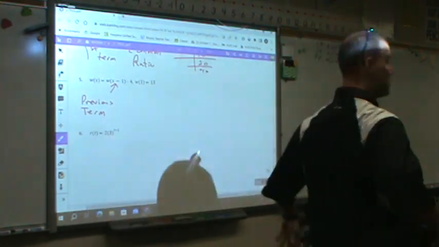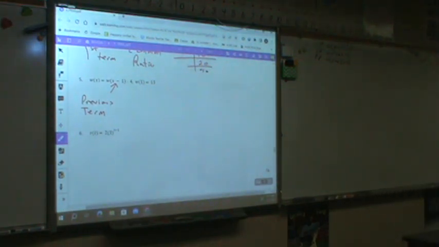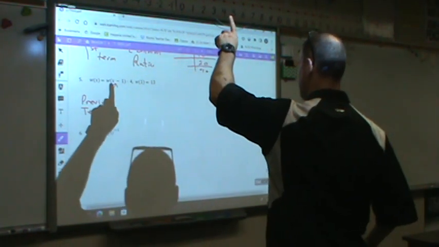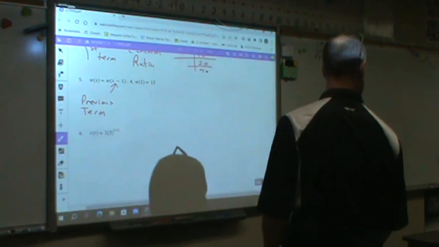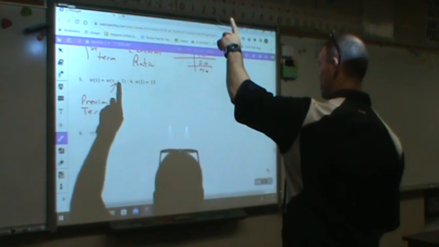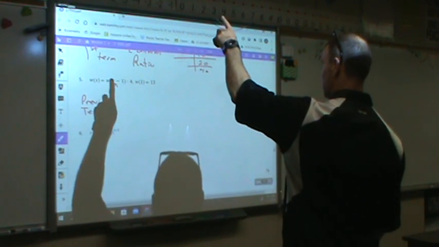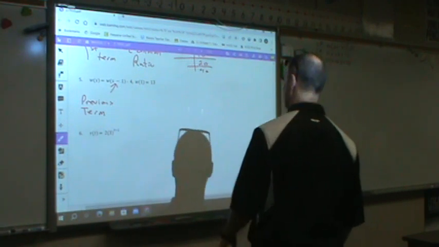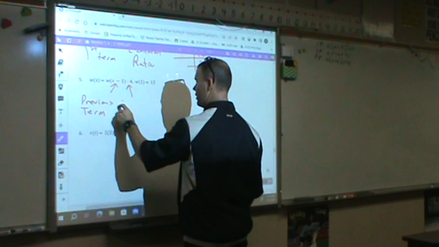Or f of x minus 1, that's how we saw it most of the time. What are we doing with the previous term? No, look at the equation. What are we doing? Previous term, multiplying by what? 4. So if we're multiplying by 4, there's my common ratio.